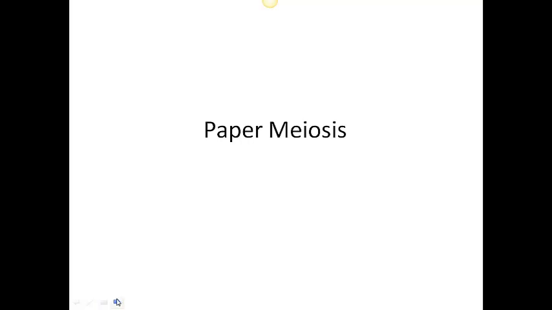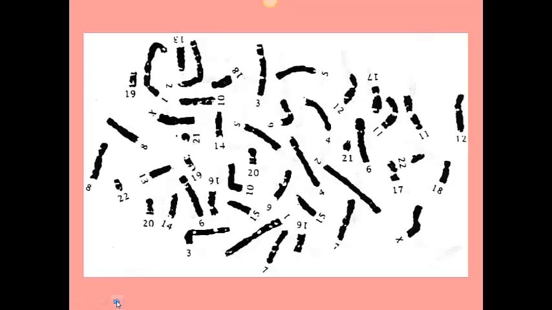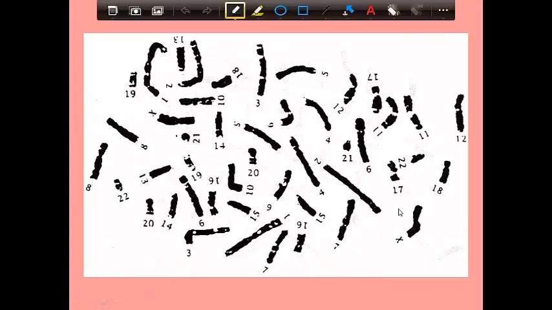So the first thing that we need to do is take a look at your sheets of paper. This one is the female chromosome spread. That's why I put the pink background on here, like the pink sheet of paper. The reason that I know it's a female is because we have a chromosome right here in this area. That is an X. And another chromosome over here.